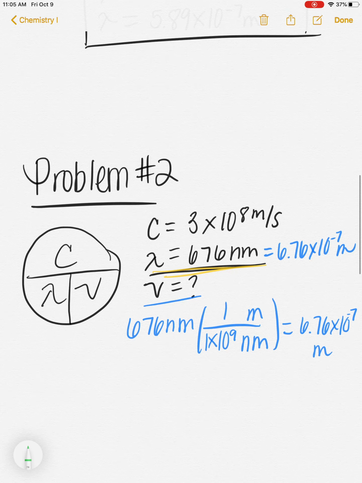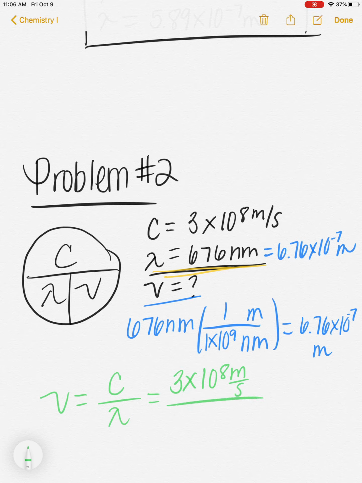Now we have to figure out how to find V. So if I cover up V on my pie chart, the pie chart tells me that frequency is equal to the speed of light over the wavelength. So I'm going to take 3 times 10 to the 8th meters per second, and I'm going to divide that by 6.76 times 10 to the -7th.